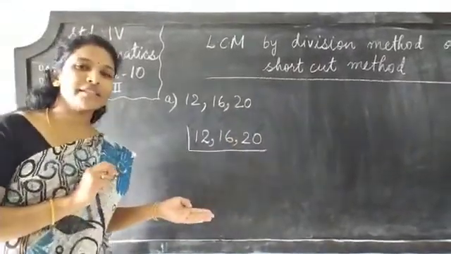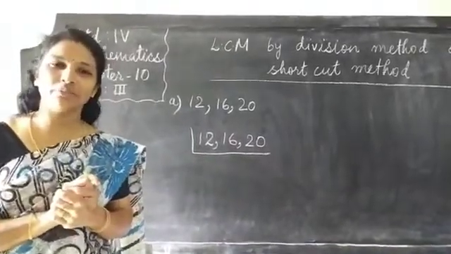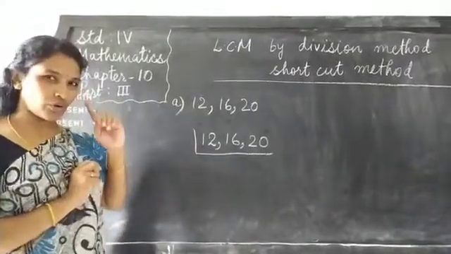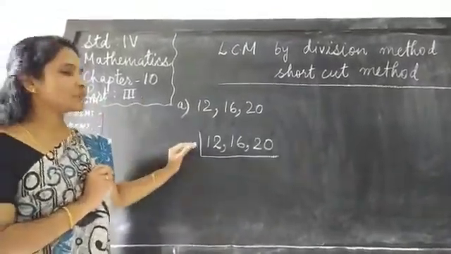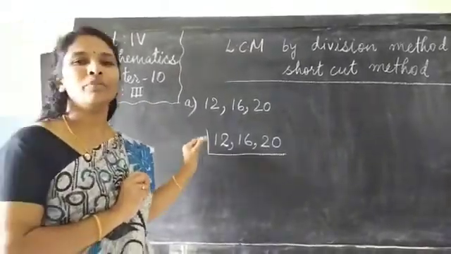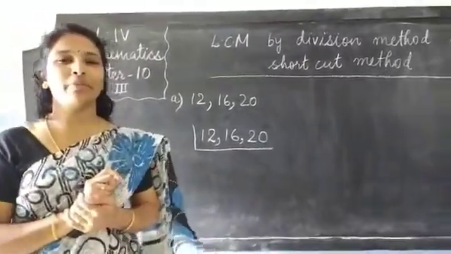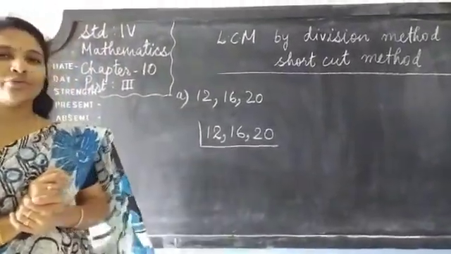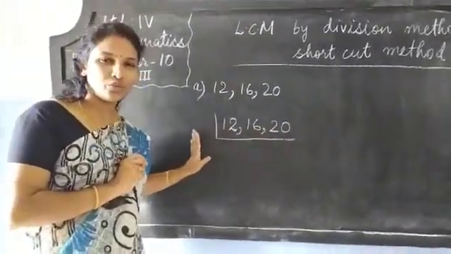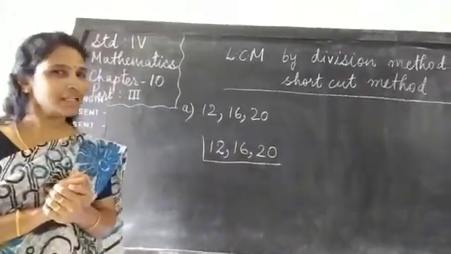But in the case of LCM, if any two of the numbers are divisible, we can continue the process of division. And I have already told you, we have to always start from the smallest prime factor. Which is the smallest prime number? That is 2. We have to see whether all the three numbers are divisible by 2, or any two of the numbers are divisible by 2.